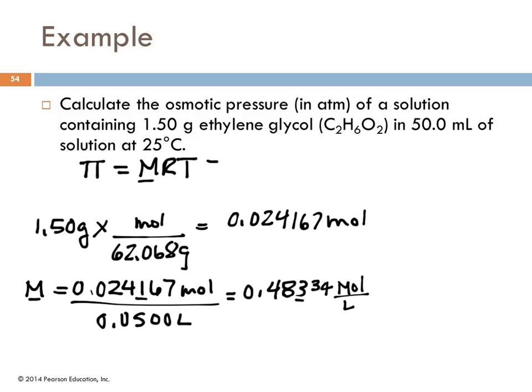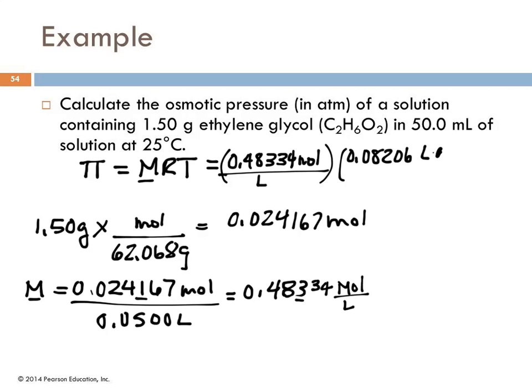So now we can go to our equation here. 0.48334 moles per liter times the ideal gas constant, 0.08206 liter atmospheres per mole Kelvin, times the temperature in Kelvin.